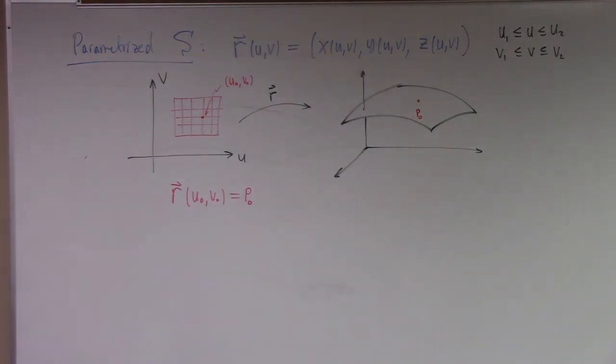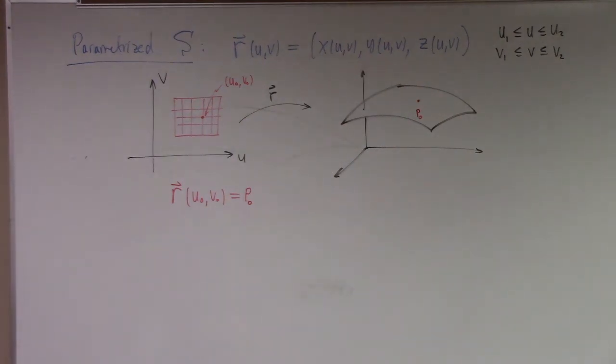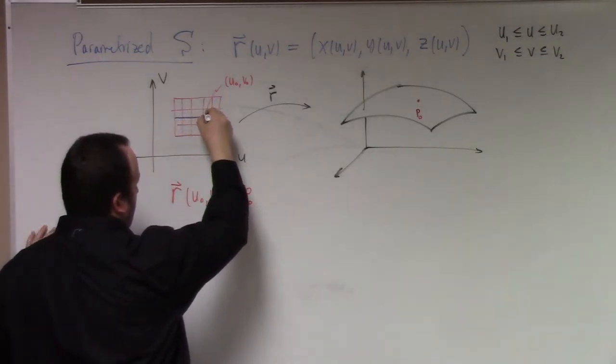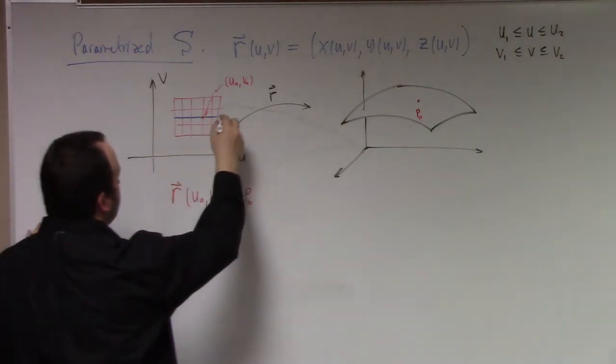So what we can do is we can take very special coordinate curves. We can take curves which are horizontal and vertical in the domain, in the parameter domain. So like this one, this curve like this, right? That has fixed what?